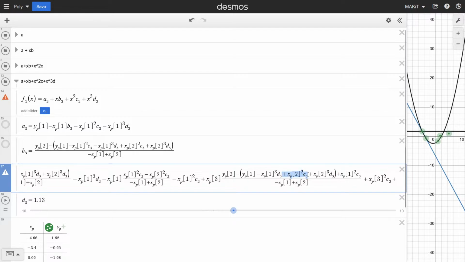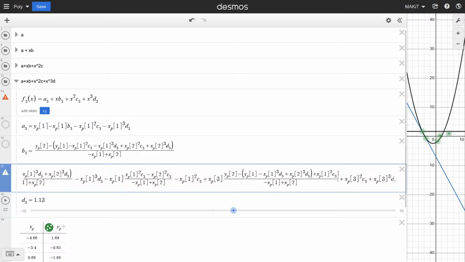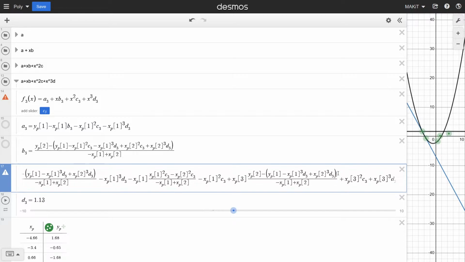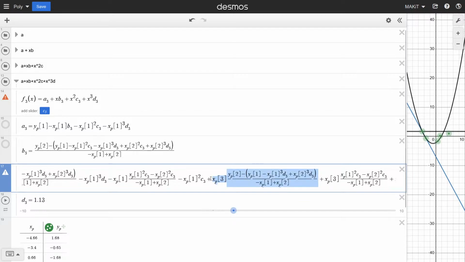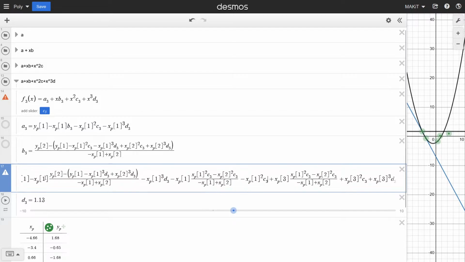Over here we have a plus with a minus, which will be just a minus. Great, and it will be plus xp3 times this divided by this. This is the beginning.